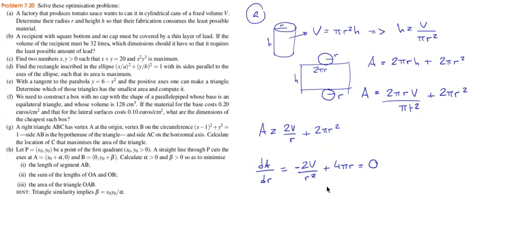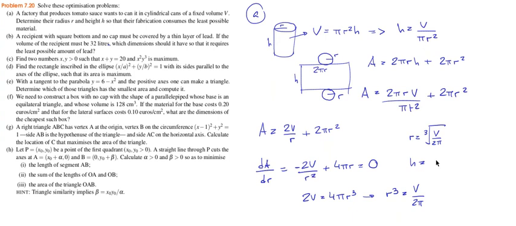And so we have this equation, we multiply by r squared, so we have 4 pi r cubed equals 2v, and then r cubed is v divided by 2 pi, or in other words, r is the cubic root of v divided by 2 pi.